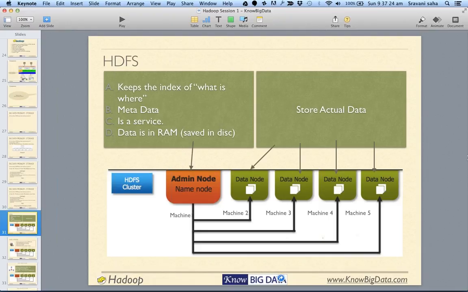In a library you have the catalog, and that catalog is basically the admin node here. So you will be storing your files in data nodes, and this information you will always get from the admin node. All right, the admin node keeps most of its data in the memory, in the RAM, so that the response is pretty fast, and the data nodes actually store everything which you want to store.